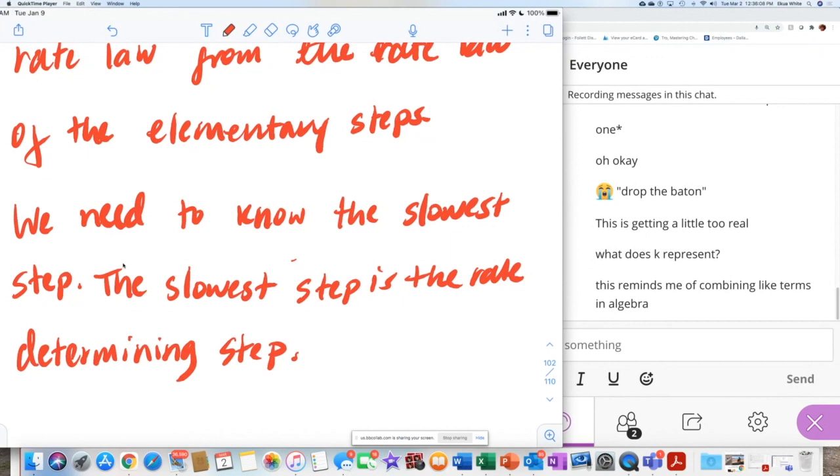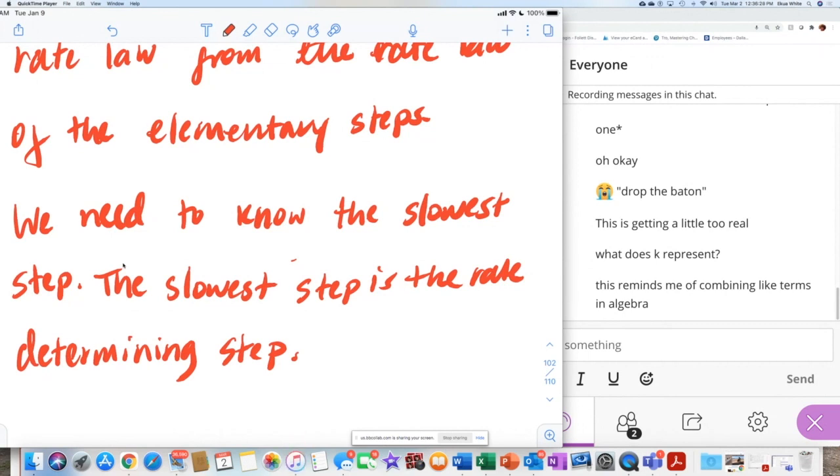As I write this, I'm just like, this is so sad. It is so sad, but sometimes it's real. If you've ever been in a relay race, sometimes the slowest person can drag the whole team down, right? Sadly, in chemical reactions, this is the reality.